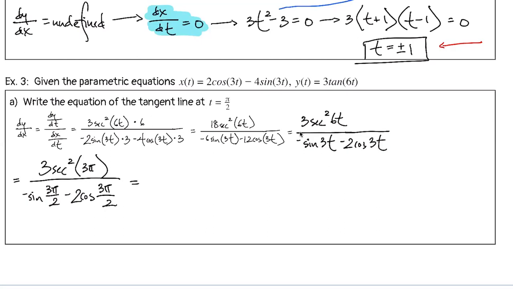And the secant of 3 pi is actually negative 1. And I'm going to have to square that because it's secant squared. And then my sine of 3 pi over 2 is negative 1. So I have negative 1 minus 2 times cosine of 3 pi over 2, which is 0. So I end up with 3 over 1, or a slope of 3.